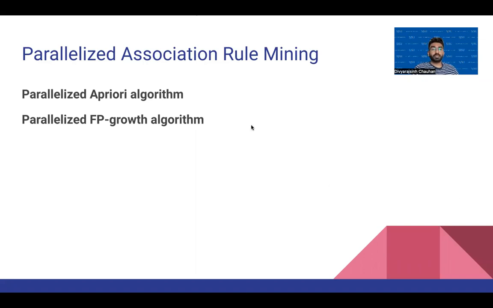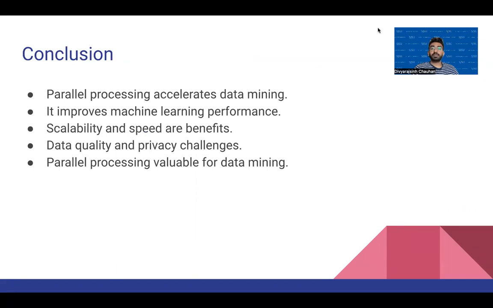Now let's move on to the conclusion. Parallel processing accelerates data mining. Distributing the workload across multiple processors or machines allows data mining algorithms to process larger data sets more quickly and efficiently. Also, it improves performance.